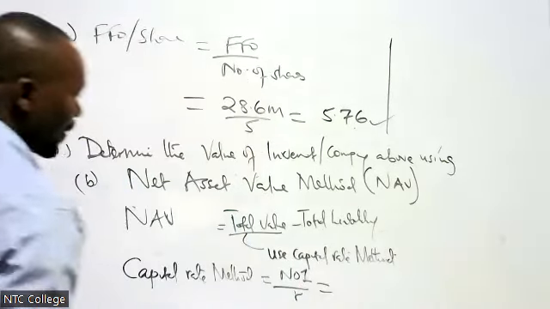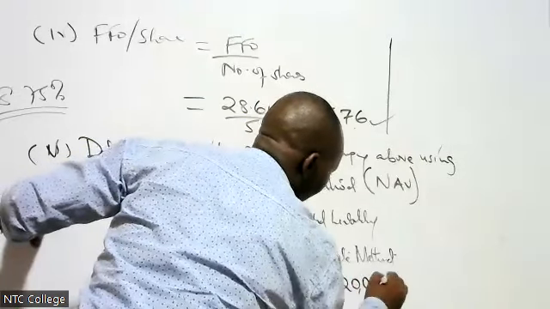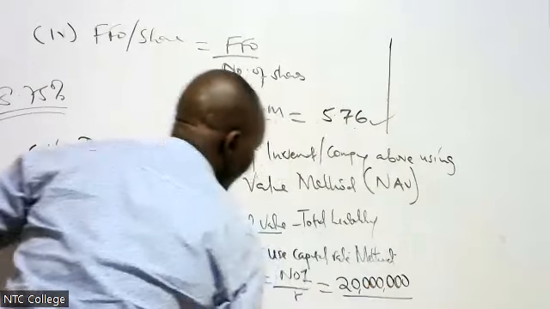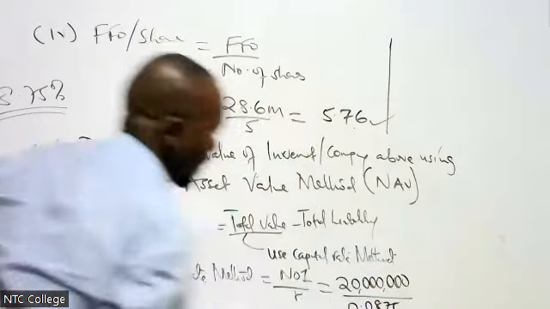NOI was 20 million, all over capitalization rate, which is 0.0875.